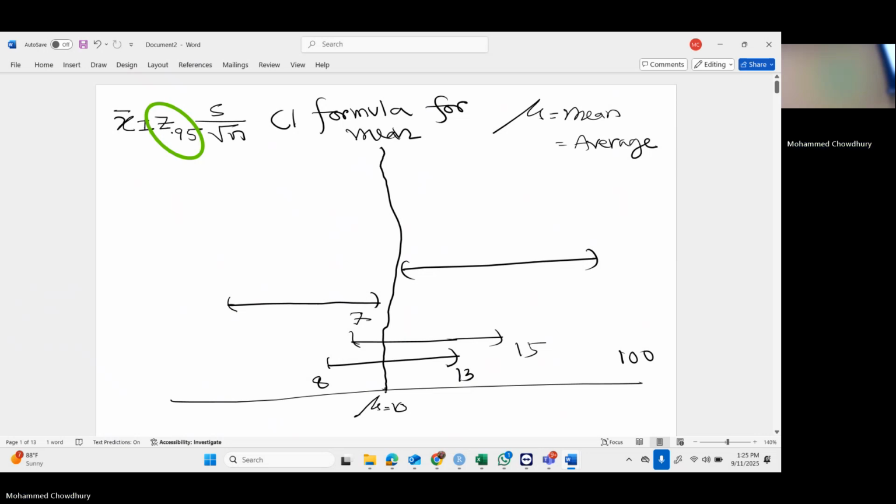So on an average, if we continue these things 100, 200, 300 times, 95% of the time this confidence interval will cover the true mean. That is the explanation. It is a long run situation. It is not like exactly 100 samples will come. You will collect one sample, she will collect another sample, and I will collect.